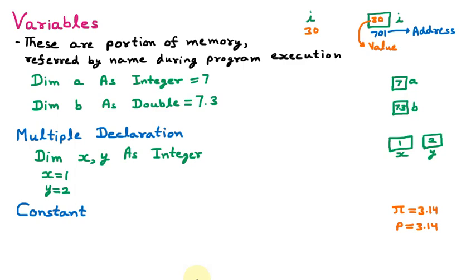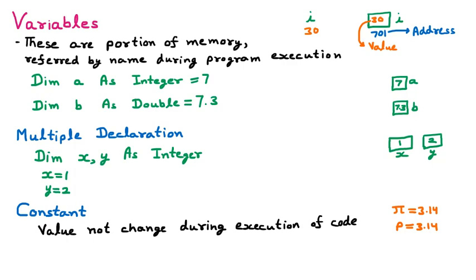So we can say that constants are variables whose value does not change during the execution of code. If we have to define a constant, we use the Const keyword before it. Whenever we apply that, the variable will be declared as a constant variable.